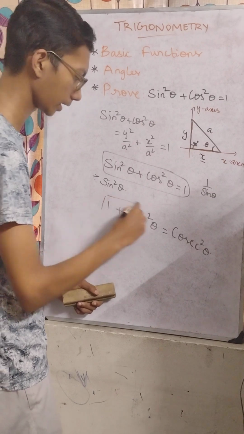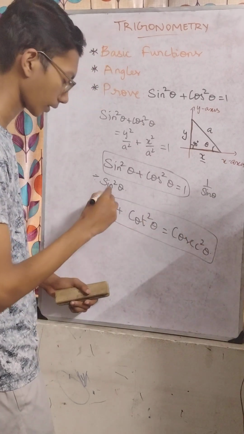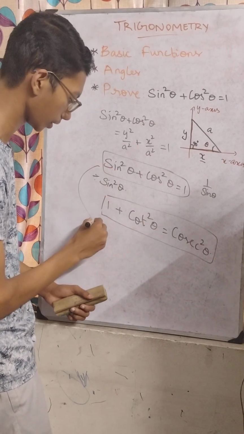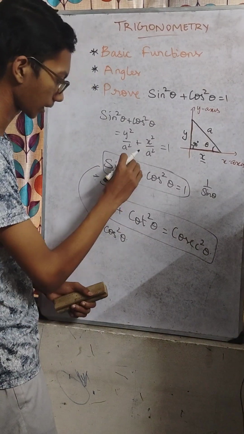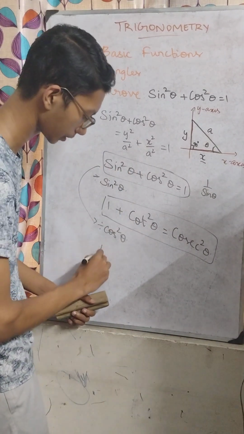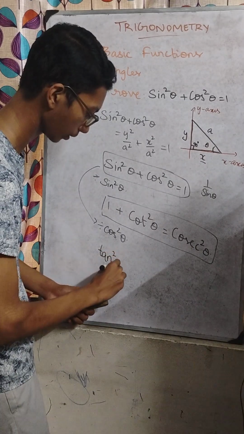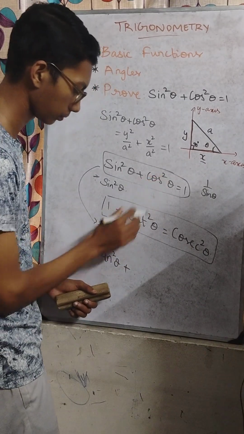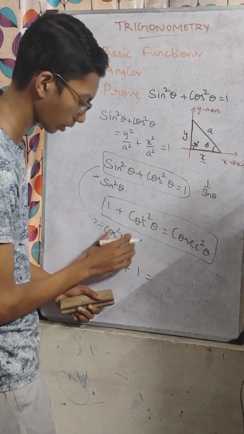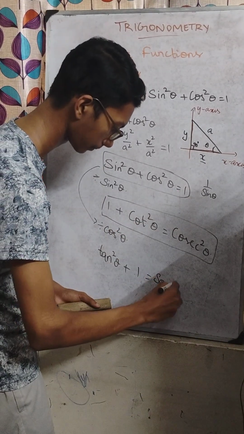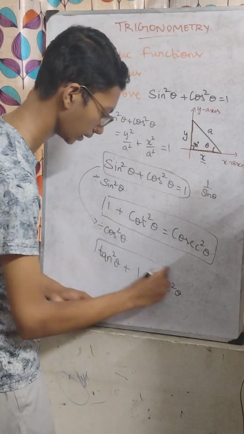This is another identity. Again, if we divide this equation by cos square theta, sin by cos is tan, so we have tan square theta plus cos square theta by cos square theta, which is 1, equals 1 by cos square theta, which is secant square theta. So this is another identity.